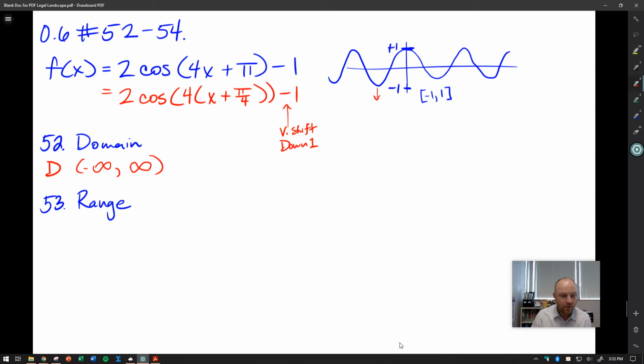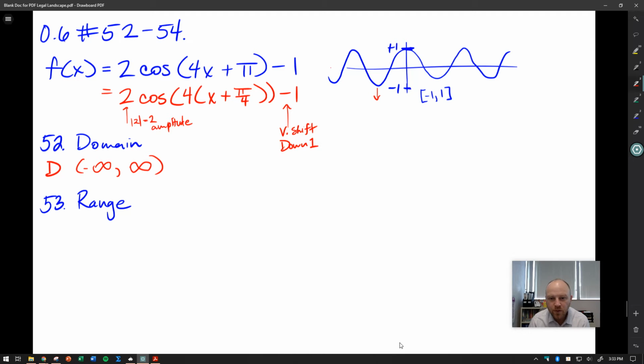And the other one we want to look at is the number out in front of the cosine. So we look at the absolute value of whatever this number is. That's a 2, and that's the amplitude of the graph. Well, what is amplitude?